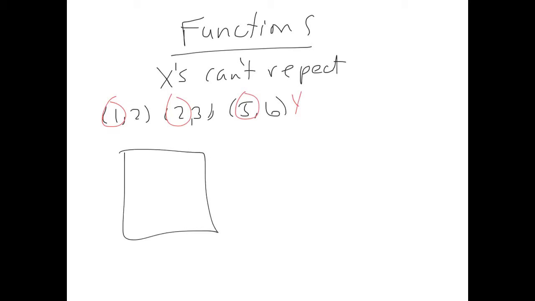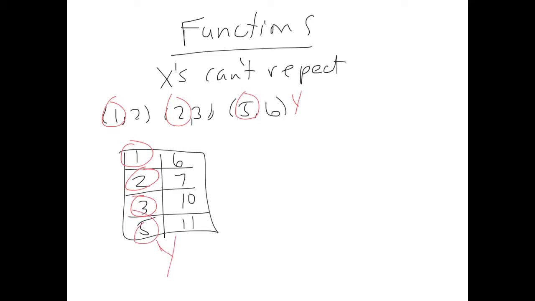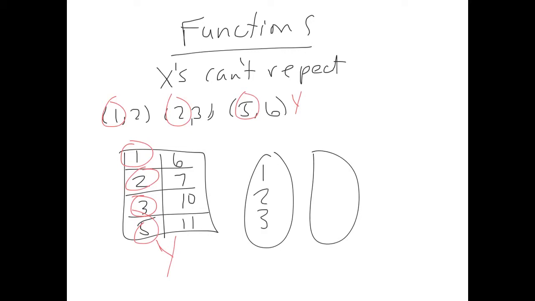If you're looking at a table, right here, 1, 2, 3, 5, that's a yes also. If you're looking at a mapping, it's 1 arrow out, so that's a yes.